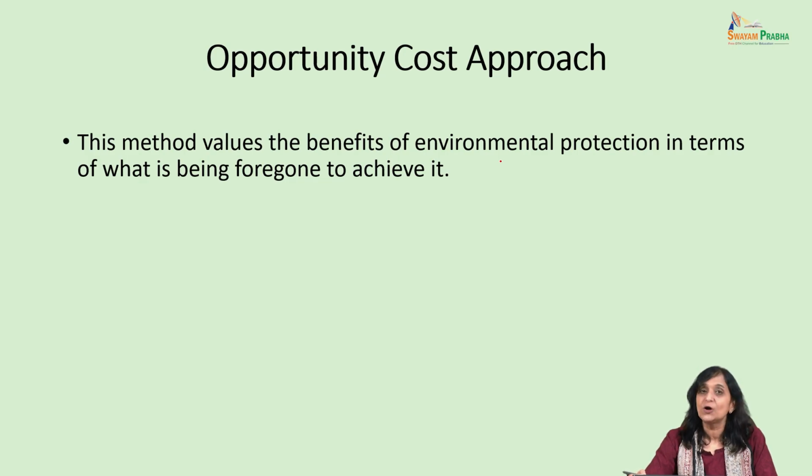As I said, what is opportunity cost in economics? We say resources have alternate uses. If I pick one use, I am not taking up the other, and because of that, I may be foregoing some earning which I could have made. That is called opportunity cost.